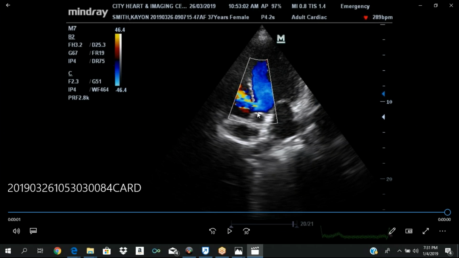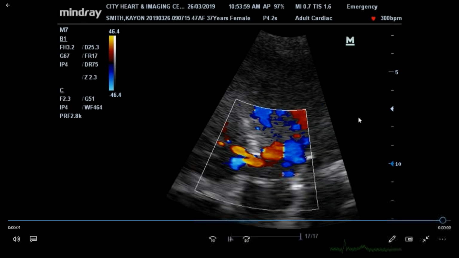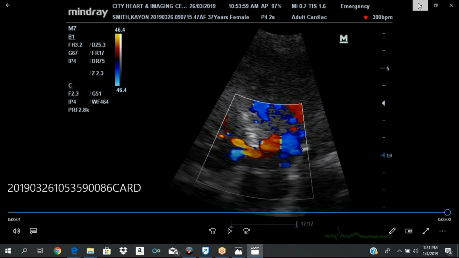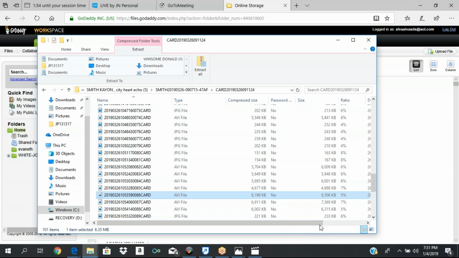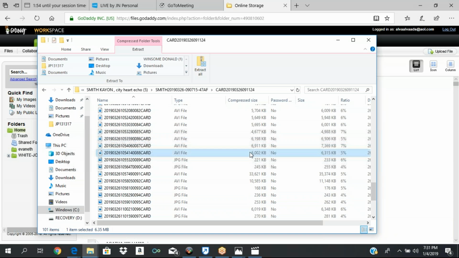So this is the 5-chamber view. You just pull down the transducer a little bit, and you will be able to open it. Just as a VSD, we're not looking at that because you're not ready for that as yet.